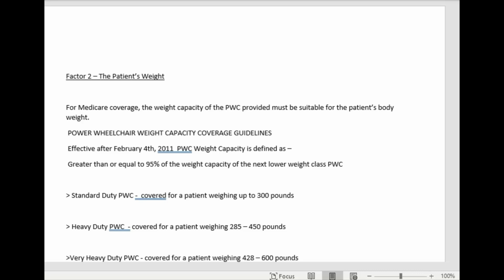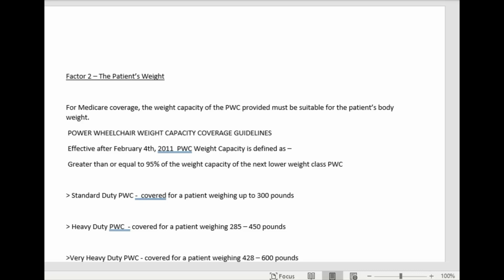When you're providing a wheelchair for a patient, your standard duty power wheelchair is covered for a patient weighing up to 300 pounds. So when we say 95%, what Medicare is saying is if a patient weighs 95% of a wheelchair's weight capacity, you should then put them into the next wheelchair weight class. So if a patient weighs above 285 pounds, that's more than 95% of the wheelchair weight capacity.